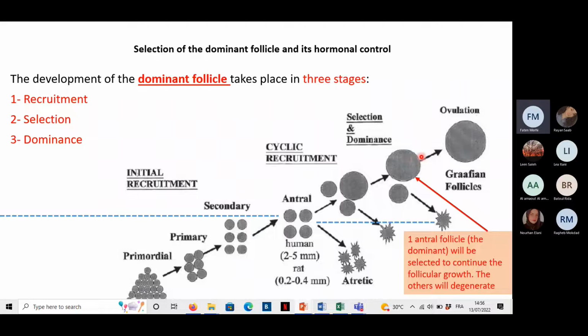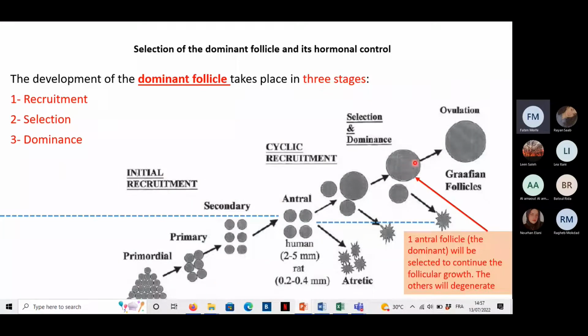It will increase in size, so it will have more granulosa cells and more estrogen production, and also due to the action of FSH, they start to express LH receptors on their granulosa cells, because as you know, in the early antral follicles, we have LH receptors only on the theca interna cells, but the granulosa cells don't express LH receptors. Now, while maturing, this dominant follicle will acquire more LH receptors on its granulosa cells.